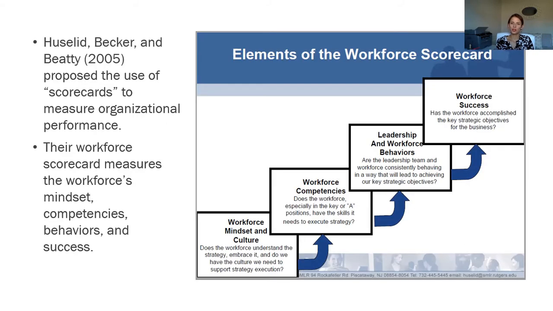So how do we measure organizational performance? How do we make that link between employees or human resources and what the organization is trying to do? Scorecards are, and have been for many years, a common way of doing this. Scorecards involve measurements, numbers, data. They are also a visual way to look at the connection between different aspects of the organization.